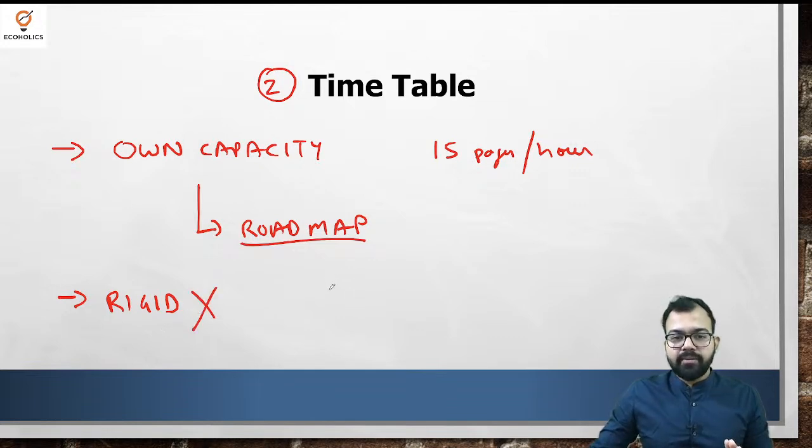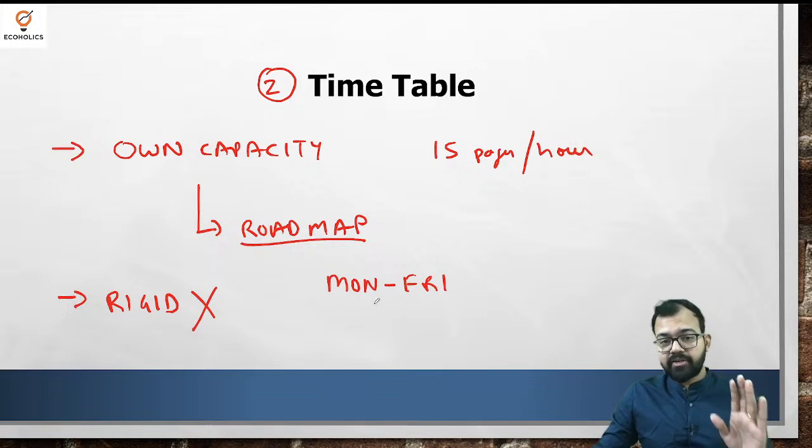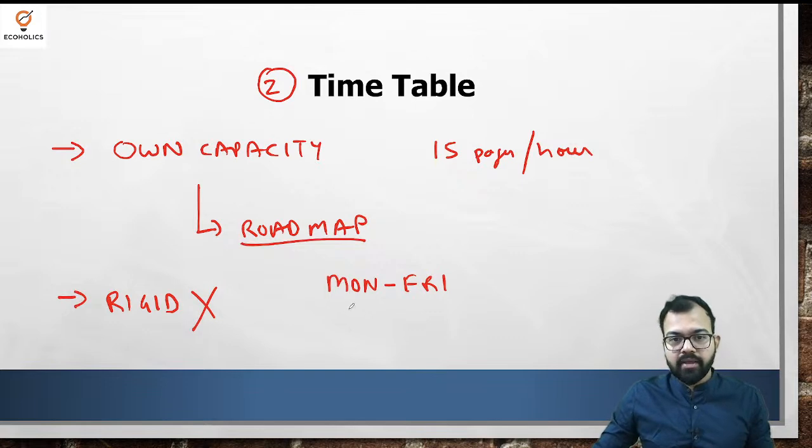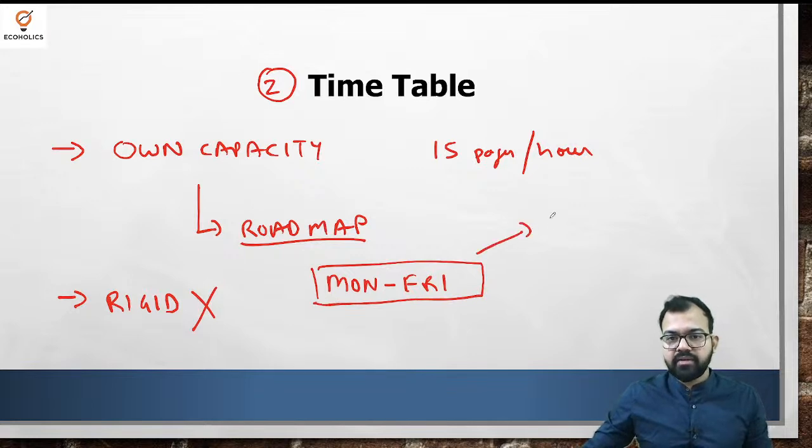You make timetable for Monday to Friday. Okay. This is a strategy we teach in our mentorship session, but I am telling you a biggest secret here. Listen carefully. Monday to Friday, make your timetable. Then Saturday, you keep as a buffer period, buffer time, a time for recovery.